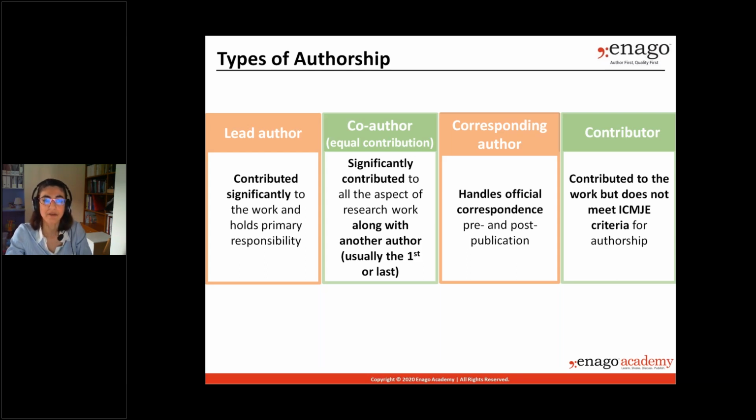And you have the last author who can be the corresponding author as well, but not necessarily. So you have the last author who is responsible for overlooking the full set of the project, of the experiments, of the publication, and coordinating communication between the authors.